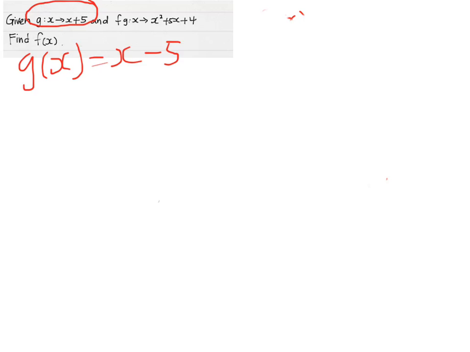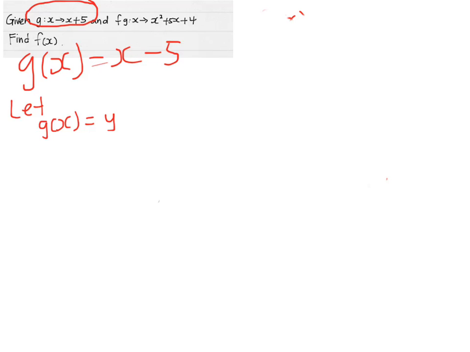Okay, so in this case, if this is x minus 5, let me do it quickly one more time. First step is what? First step, we have to find the inverse. If we want to find the inverse, what we need to do first is let gx equal to y, because we know if we substitute the g inverse into the fgx, we can get fx.